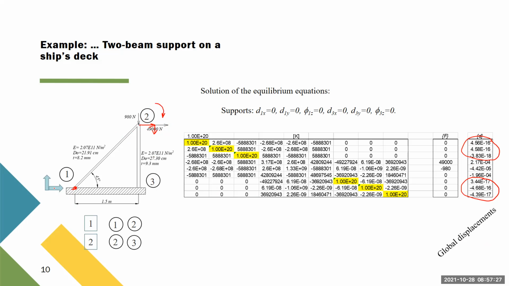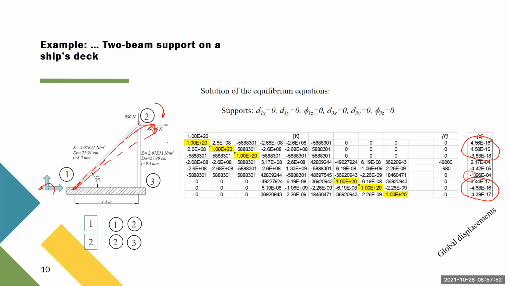But that's the opposite of this one. That's why you see here that the rotation, phi2, is negative. So at the end, we're going to have something like this. This moves like this, up to here.